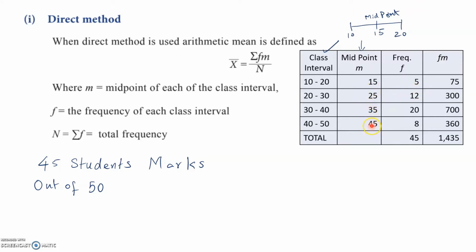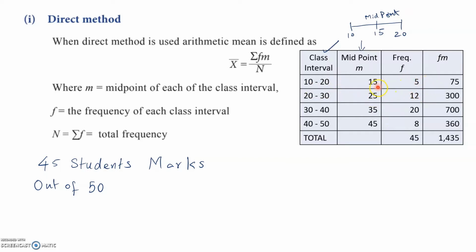This is helpful when the data is very huge and it's so hard to put each individual data collected and their corresponding frequencies. You might need a lot of computation work. So to simplify, you can classify them under a class interval.